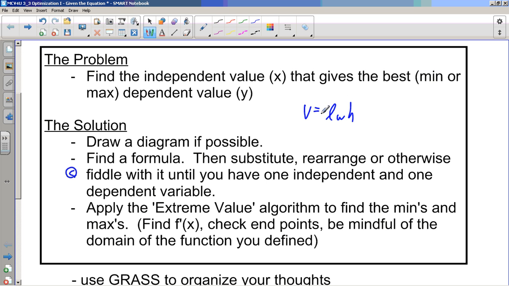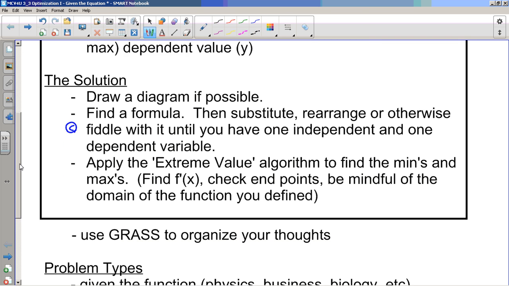But if we take the derivative of this, which one are we taking the derivative with respect to? We've got one output variable V and three input variables, so this is no good. We need to substitute, rearrange, or otherwise fiddle with that until we've got a y equals a function of x sort of situation going on. And that will be the big task for us, actually.